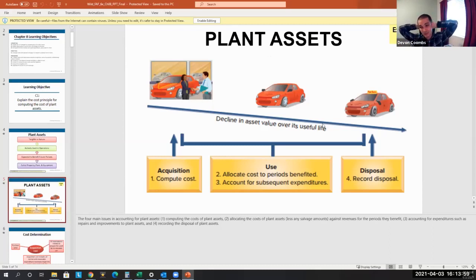We've all heard this before: if you buy a new car, as soon as you drive it off the lot, you lose value. That's not necessarily true, but it's true from a fair market value perspective. That's not what we're talking about here. We're just talking about, in concept, that when we purchase an asset, we have an expected value at purchase and an expected value upon disposal.